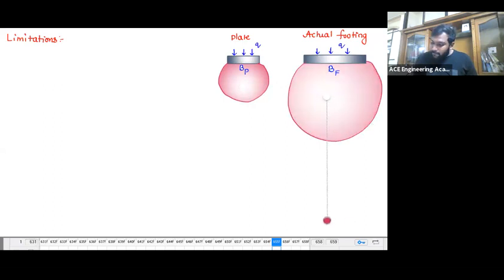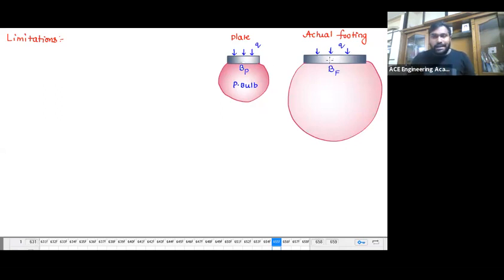In the case of the plate, the width is less, so its pressure bulb is small. But in the case of the actual footing, the load influences more soil. The more soil is under compression, the more settlement.